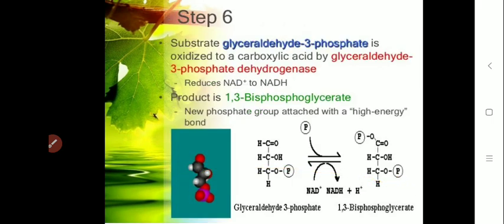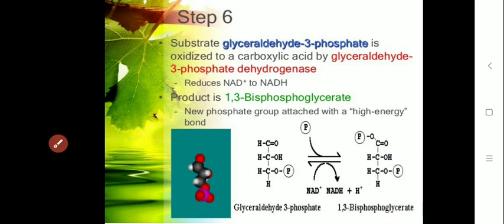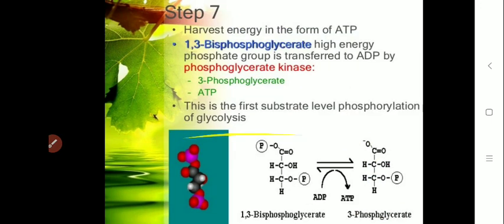Here you can see, the phosphate group which contains high energy, generated in step 6, is transferred to ADP, and after this transformation ADP forms ATP in step 7.